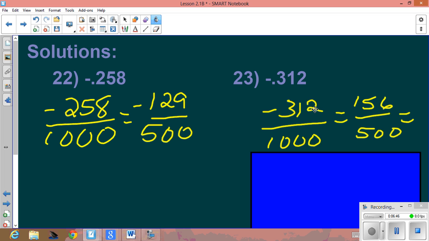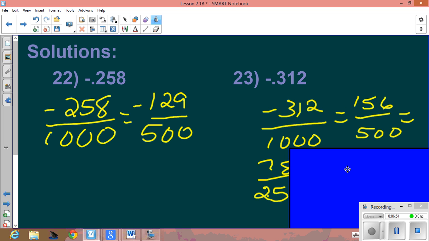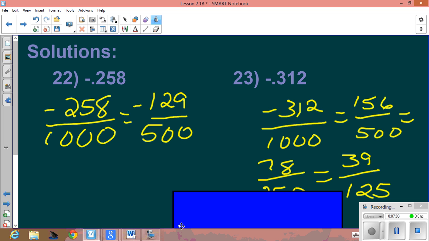So half of 312 is 156, and half of 1,000 is 500. And since both of these end in even again, I just divided by 2 one more time, and I got 78 over 250. And since both of these end in an even number once again, I divided by 2 one more time to get 39 over 125.